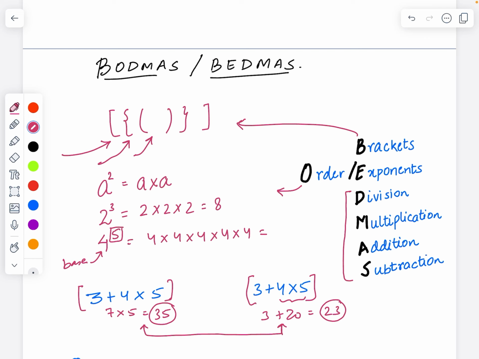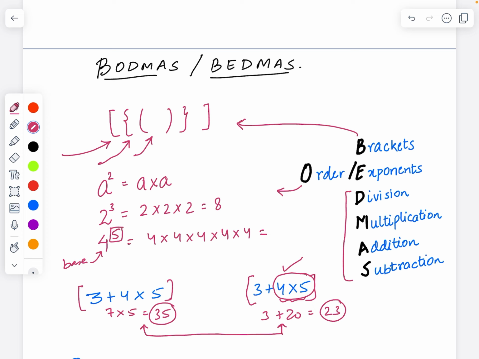So whenever you have multiplication, and multiplication comes first in the order, we will do the multiplication first, and after that we do the addition or subtraction, whatever it comes out to be.